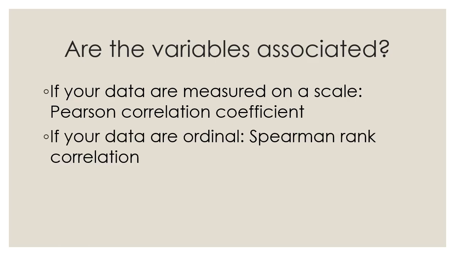If your data are ordinal, so you're measuring, let's say you're just asking specific questions about liking something, and you want to know if the fact that people like less or more one thing is associated with another variable, then the correct test to use is the Spearman rank correlation. So it really depends if you have scale data or ordinal data. Okay.